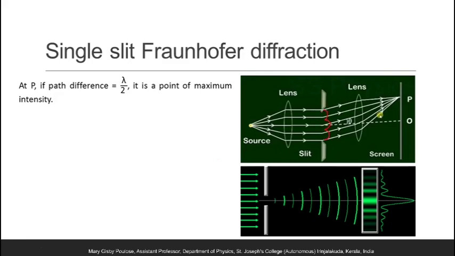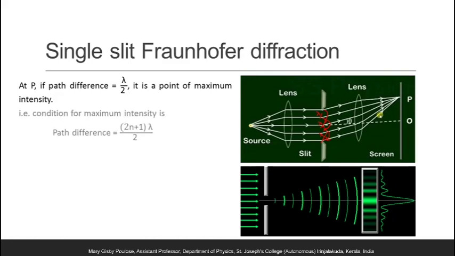If the path difference between each of these 3 sets of rays is lambda by 2, the first 2 sets will cancel out among each other, whereas the third set is remaining. Hence, when all these rays superimpose at a point P, they will produce a region of maximum intensity.